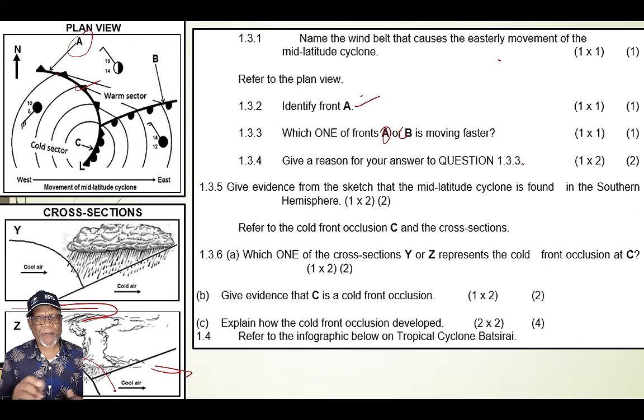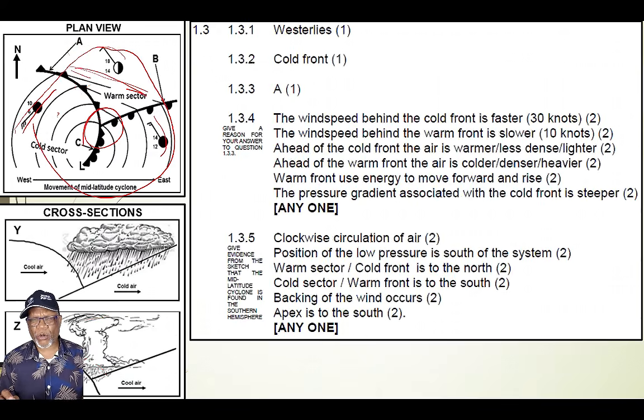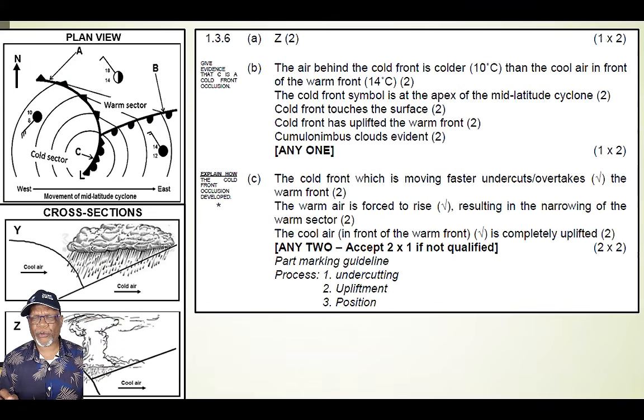So you must say now the cold front has a steeper pressure gradient. Because of a steeper pressure gradient, the cold front is going to move faster, and because it moves faster, it is going to catch up with the warm front, and then it is going to undercut.